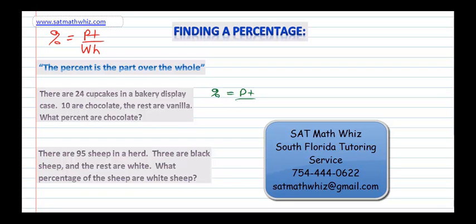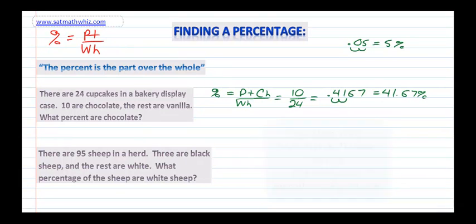In this situation, it's the part of the group that are chocolate over the whole group. So that's 10 that are chocolate divided by 24. 10 over 24 is 0.4167. And if 0.05 is 5%, that means we move the decimal 2 spaces to the right. And 0.4167 becomes 41.67%.